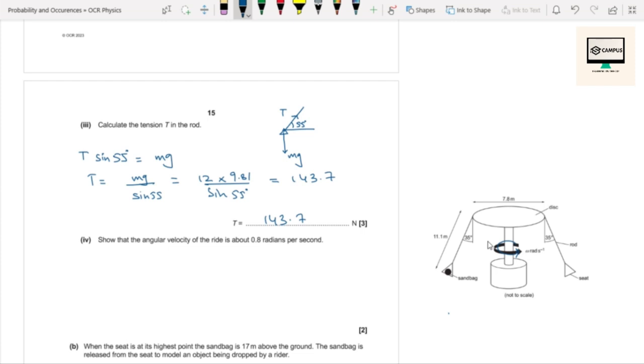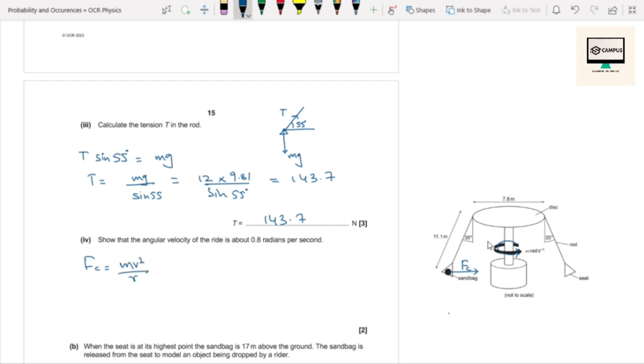Since it's a moving circle, one force acting on it is the centripetal force, the center-seeking force, so it's acting towards the center or the axis. So this is the direction. We may call it F sub c. So Fc is equal to mv squared over r.